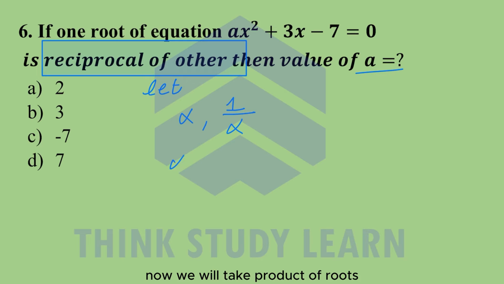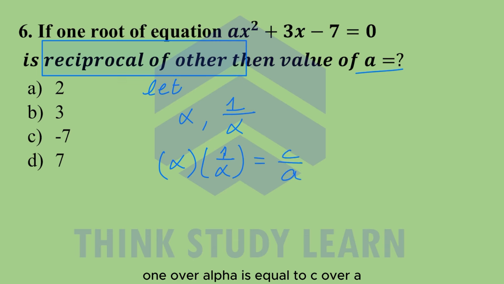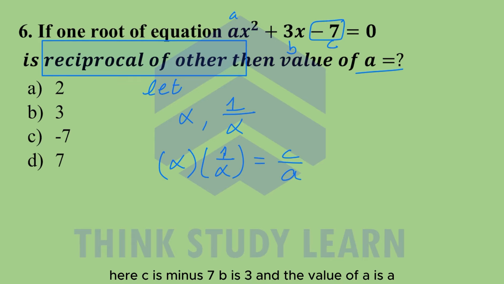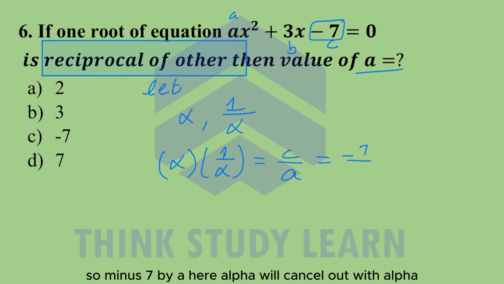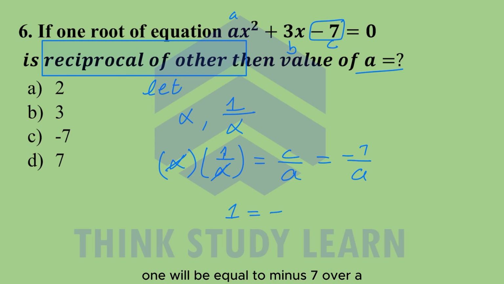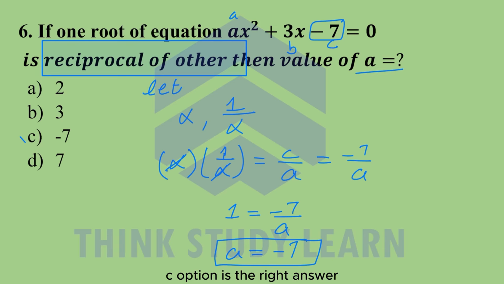Now we will take the product of roots, alpha times 1 over alpha is equal to c over a. Here c is minus 7, b is 3 and the value of a is a. So minus 7 by a, here alpha will cancel out with alpha, 1 will be equal to minus 7 over a and the value of a will be minus 7. C option is the right answer.